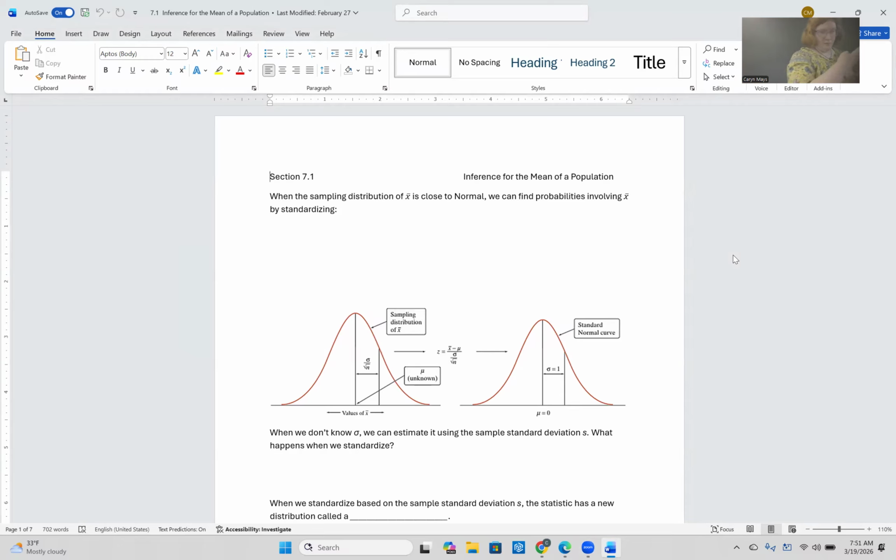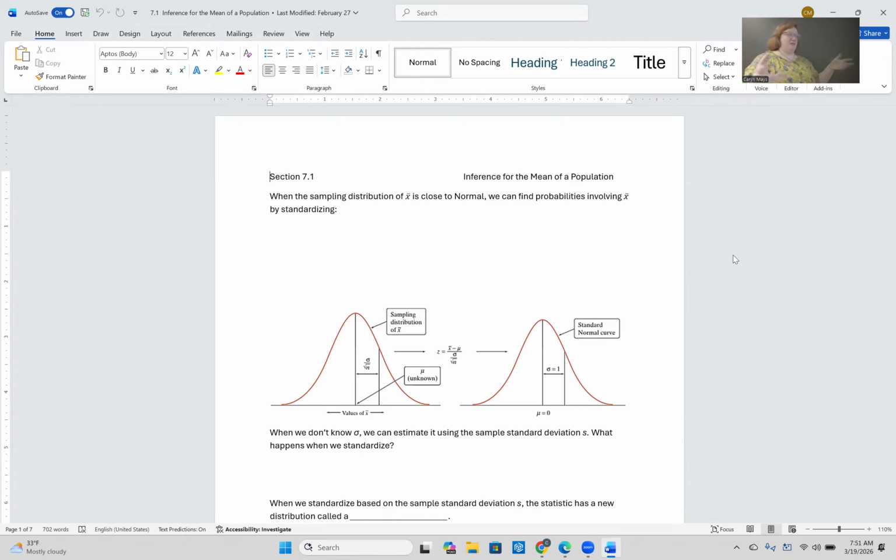But recapping Tuesday, we got into, okay, in chapter 6, we have the z-test, but to do the z-test, we need to know the standard deviation of the population.